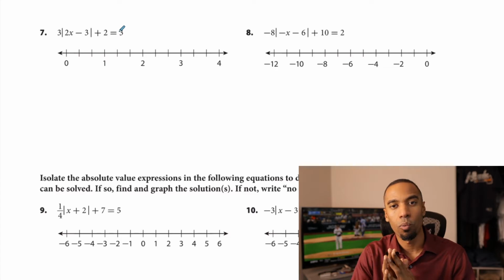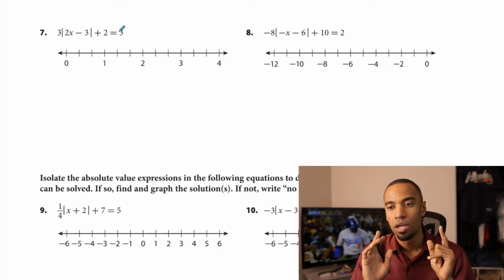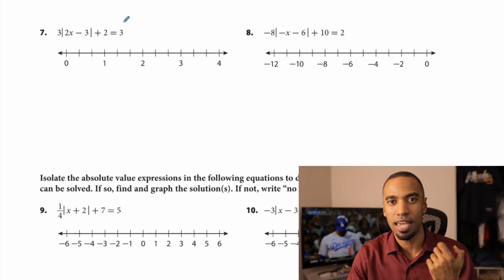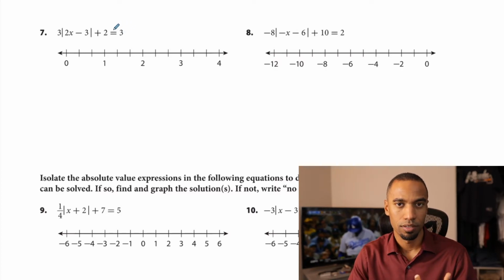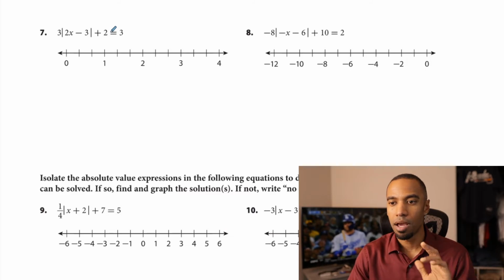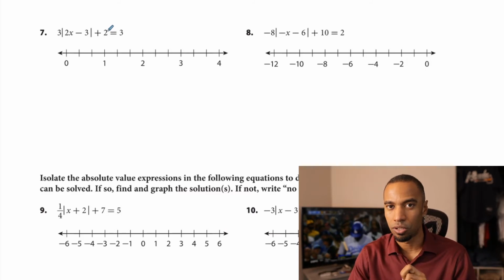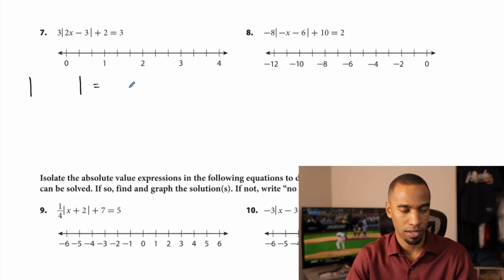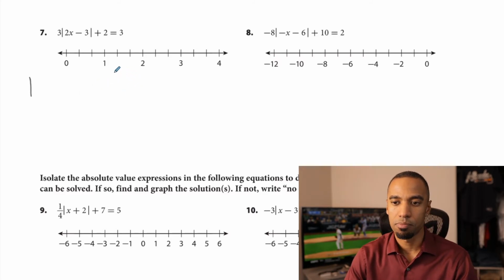So what that is going to mean is we have to algebraically do some work to first isolate the absolute value on one side of the equation. I'm not going to proceed forward until I only have the absolute value of something equals blah, blah, blah on the other side. So I have to do some steps before that.